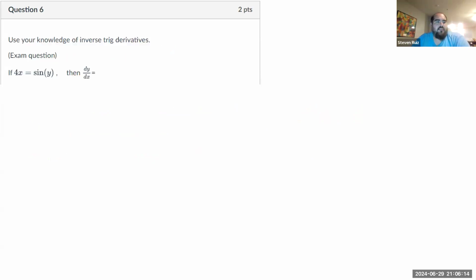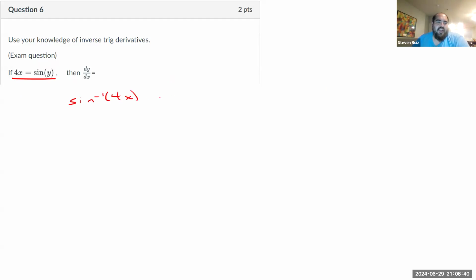All right, and then moving on to question 6, we're supposed to use our knowledge of inverse trig derivatives. So this equation we're given, 4x equals sine y. If we leave it in the form it's written in, we have to use implicit differentiation, which you can do. But we can also do a little algebra up front. What happens if I take an inverse sine of both sides?